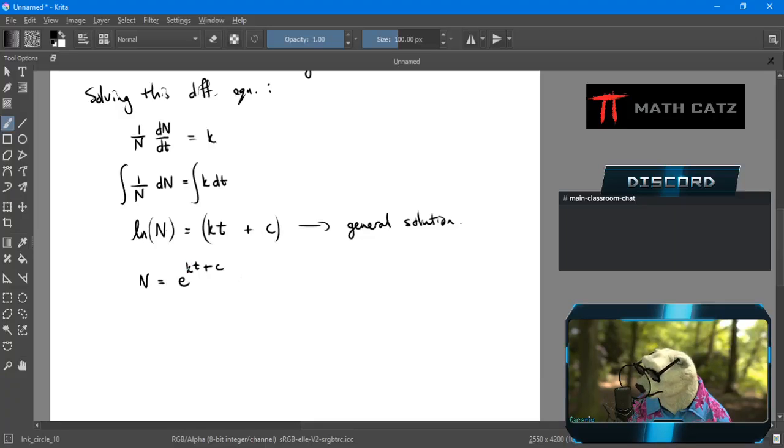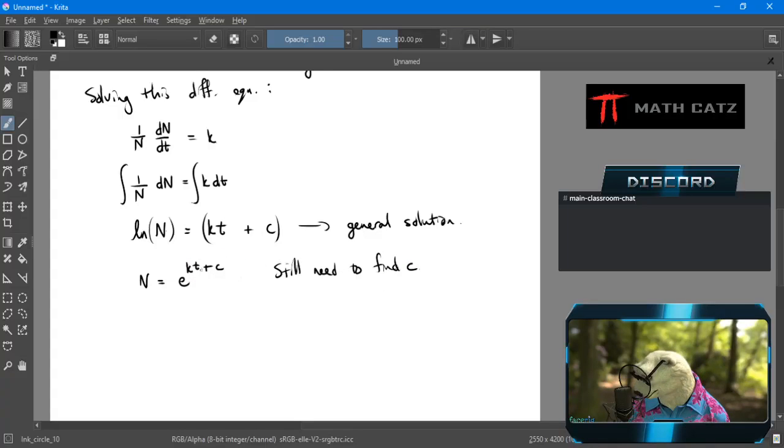K is my growth constant, a part of the original problem, and C is my integration constant that comes out of the solving of the differential equation. So I need to use my initial condition to find the value of C. So we still need to find C.